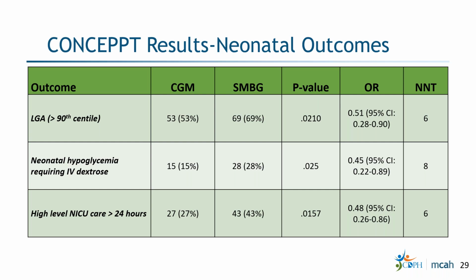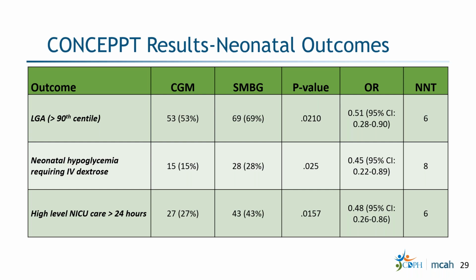So large for gestational age babies, being in the greater than 90th percentile, you can see CGM group 53% versus 69% in the SMBG, which was statistically significant and puts it at an odds ratio of 0.51, meaning for every 6 women you treat, you're going to prevent one LGA baby, which is amazing, right?